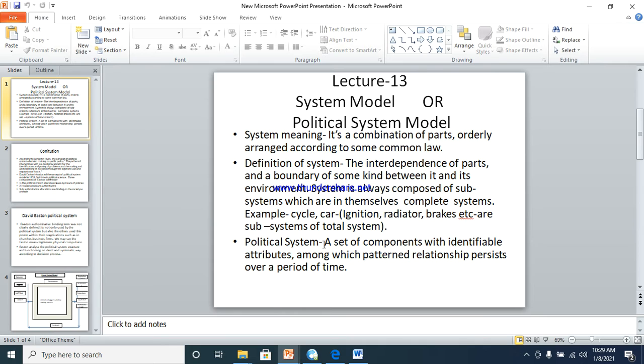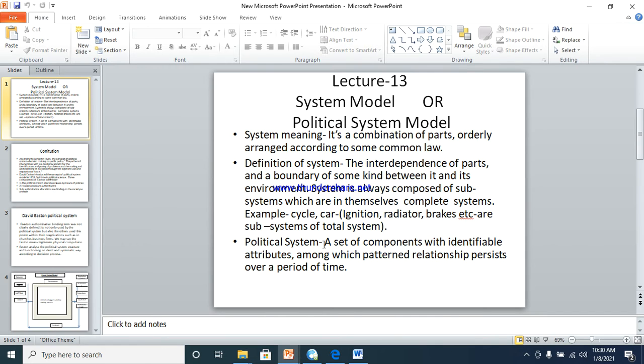Now we will define the system. The interdependence of parts within a specific boundary and within a specific environment.